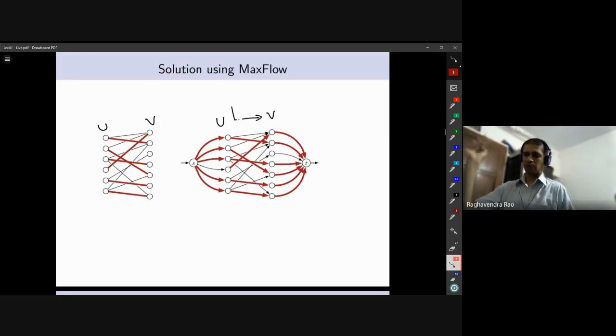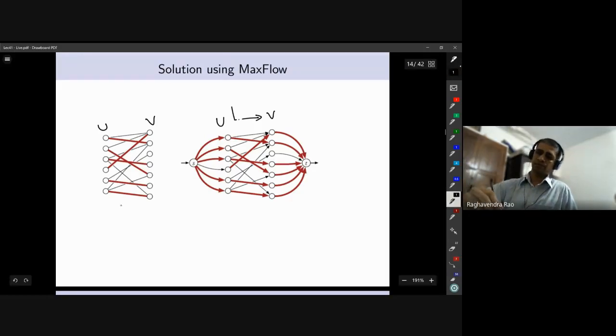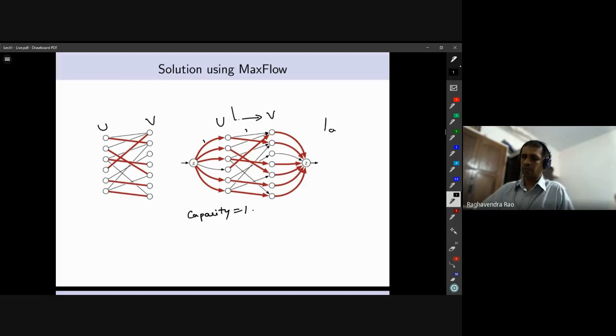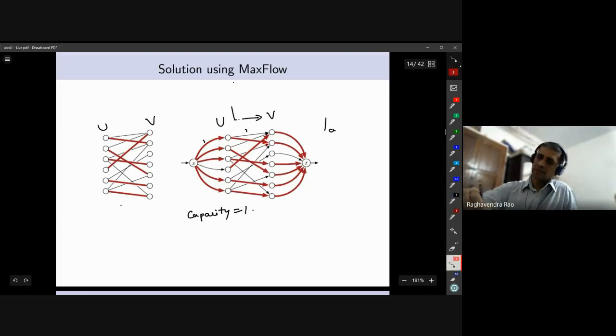We set the capacity as 1 for every edge. Since the capacity is 1, it's not difficult to see that any feasible flow defines a matching, because there can be at most one edge going out of a vertex here, and similarly at most one edge coming in, because the capacity is 1.